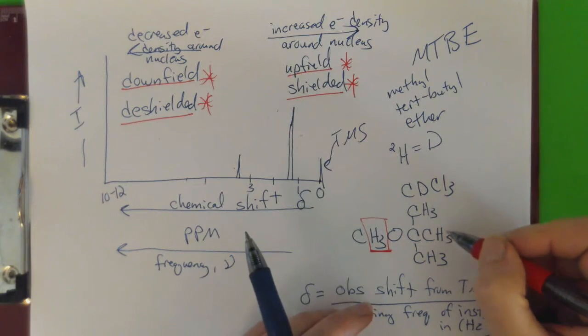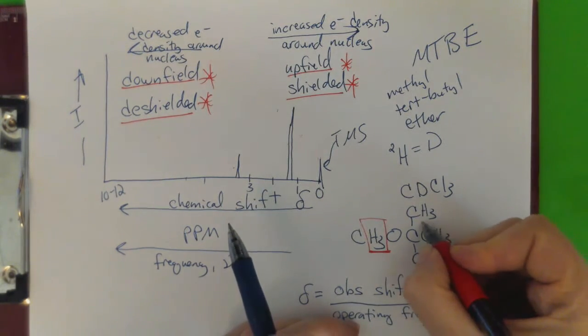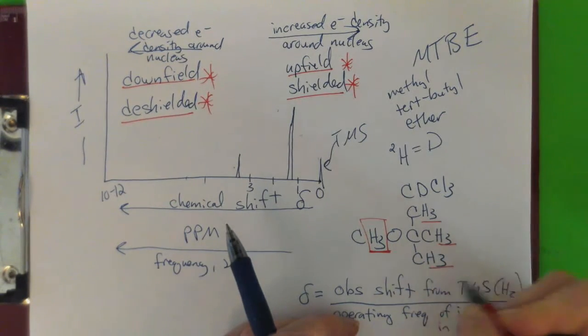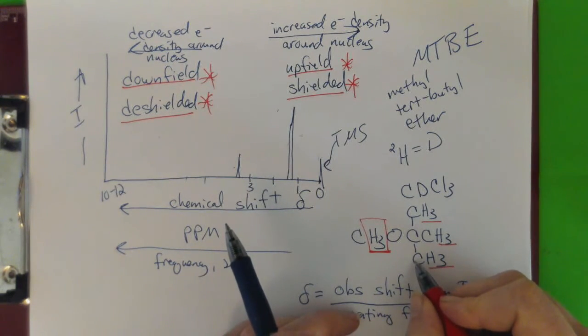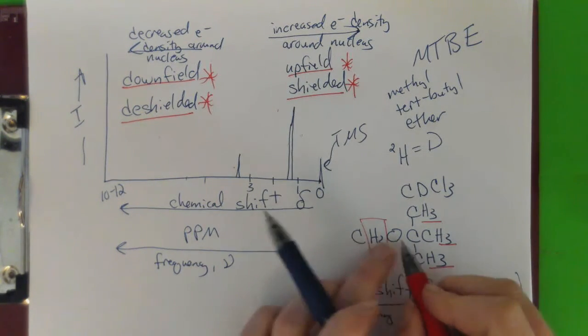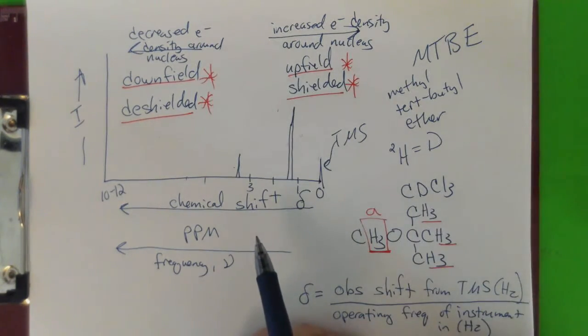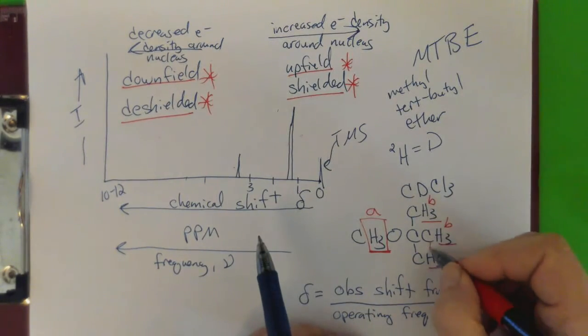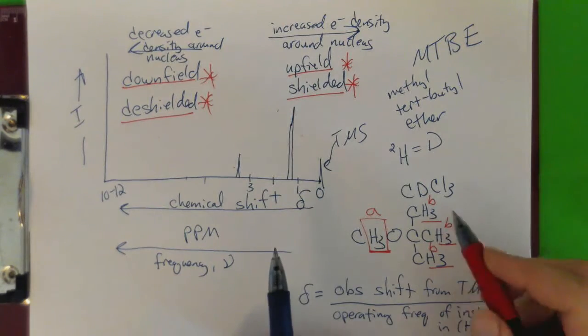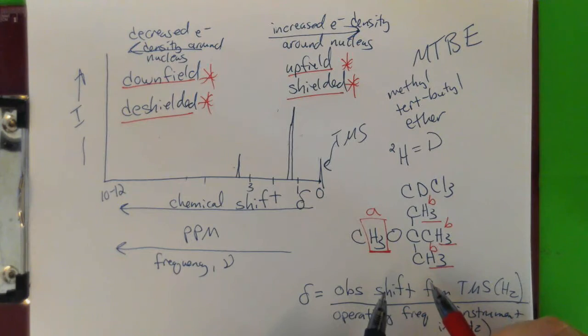These methyl groups are in a different environment than this methyl group, right? Because these protons are all attached to a carbon that's attached to a carbon, whereas here, this carbon's attached to an oxygen. So if I label this as environment A, this is going to be environment B. This is also environment B. This is also environment B. So we have just 2 types of proton environments here.